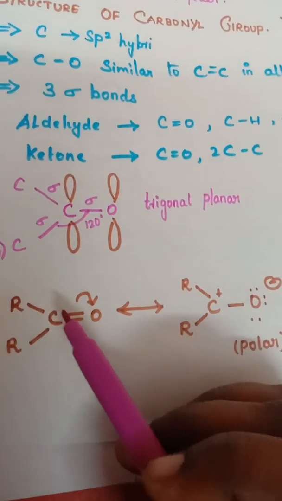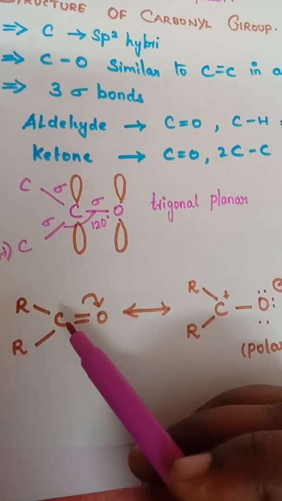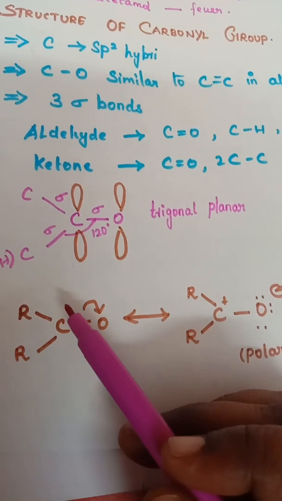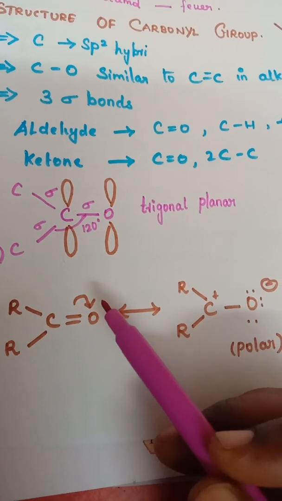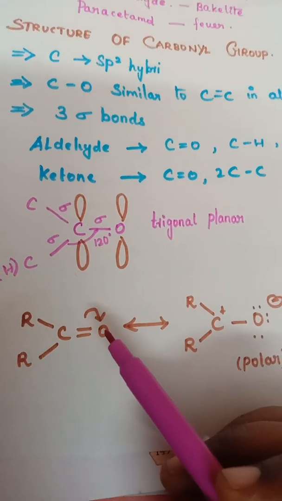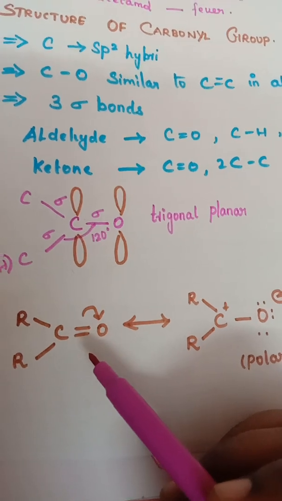Since oxygen is more electronegative than carbon, this carbon attains a positive charge and the oxygen attains a negative charge. Both are present in the same molecule, so you call it polar. So here the bond is a polar bond.